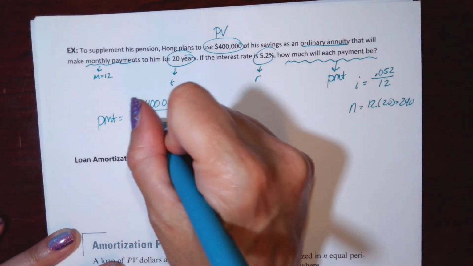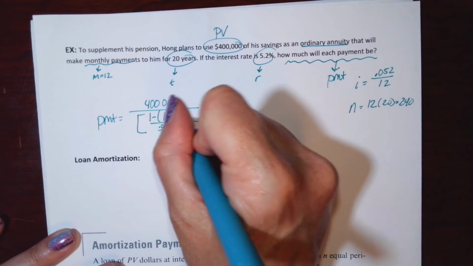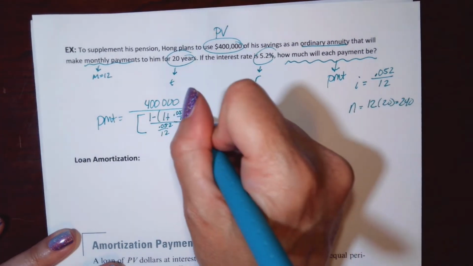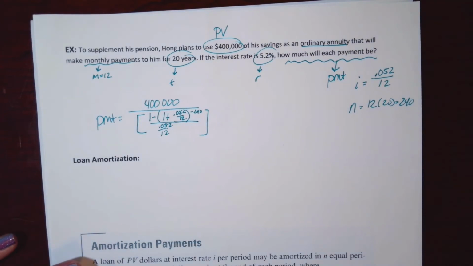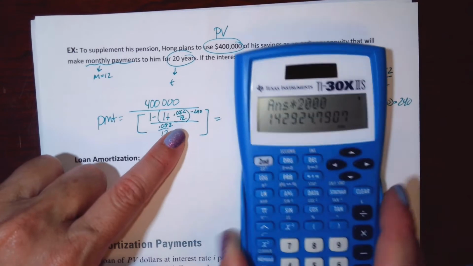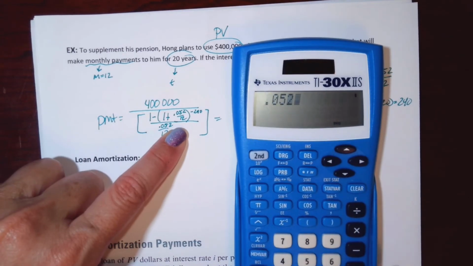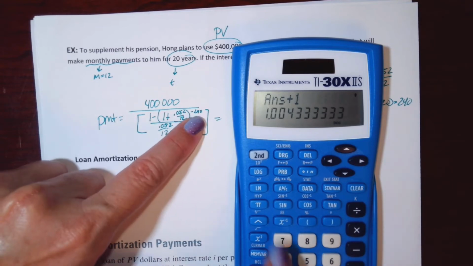My numerator is 1 minus, and then in parentheses 1 plus I to the negative N exponent. And that's going to give me my payment value. Okay, starting in parentheses, 0.052 divided by 12 plus 1. And then I'm going to raise that to that exponent, negative 240.